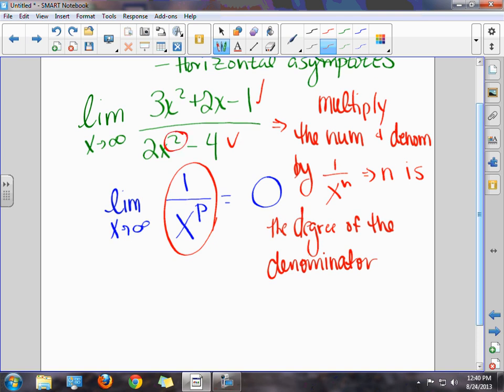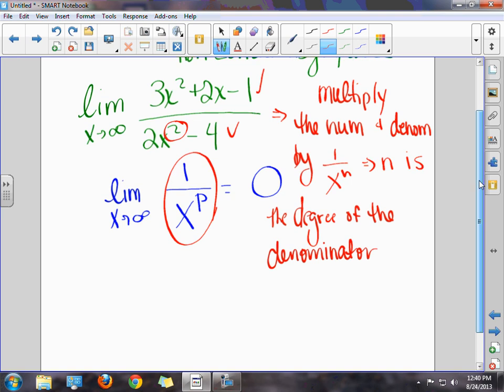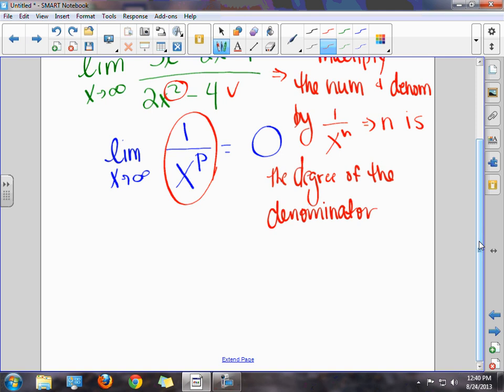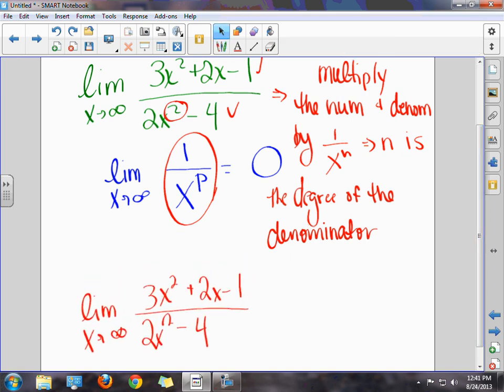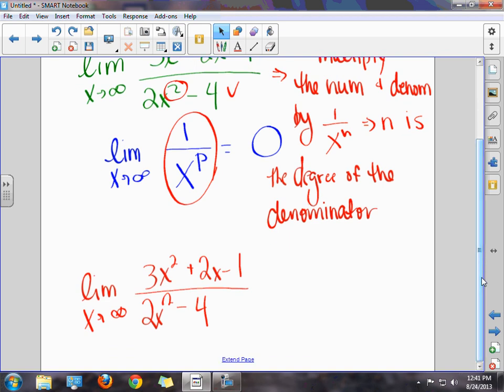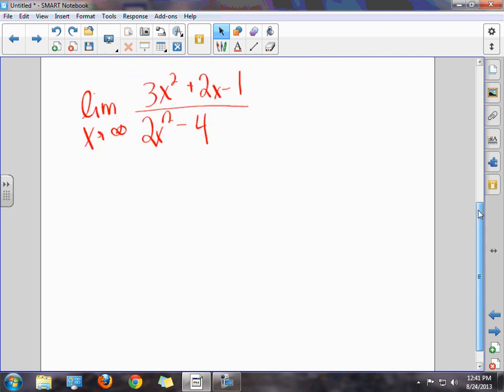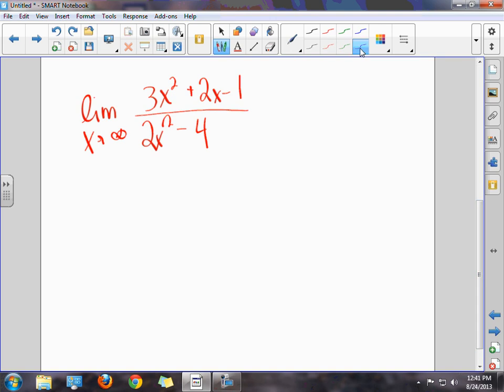So I'm going to rewrite this because it's kind of messy. And we are going to multiply the numerator and denominator by 1 over x squared. Multiply this by 1 over x squared.